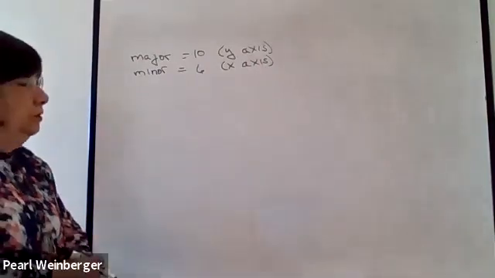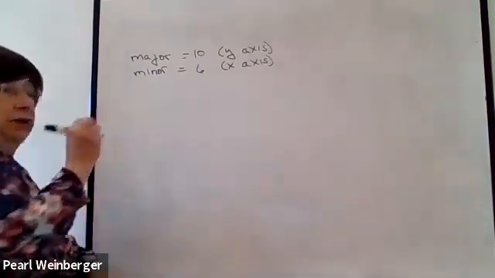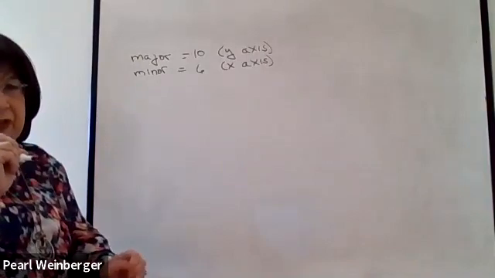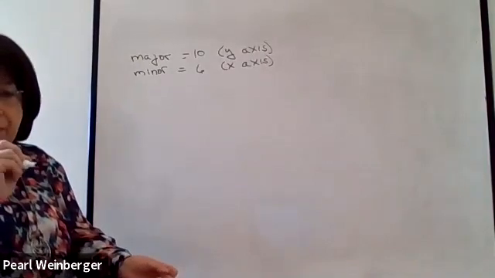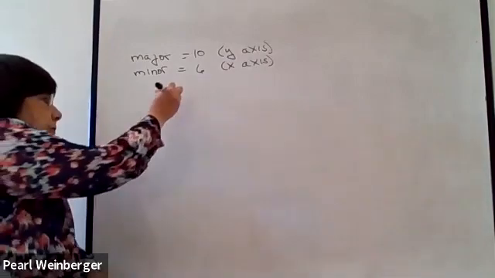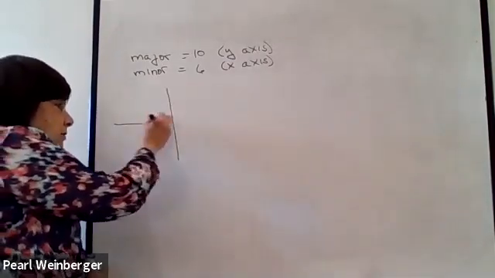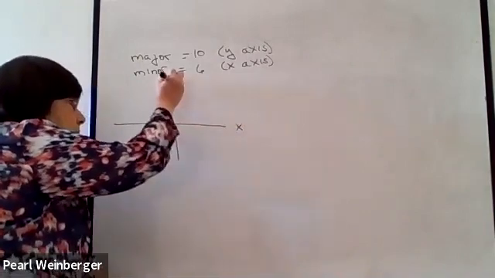Okay, let's see if we can do this. I'm going to draw a sketch of this so I have an idea of what I'm looking at, and then I'll be able to write the equation. So here's my x and y axes.